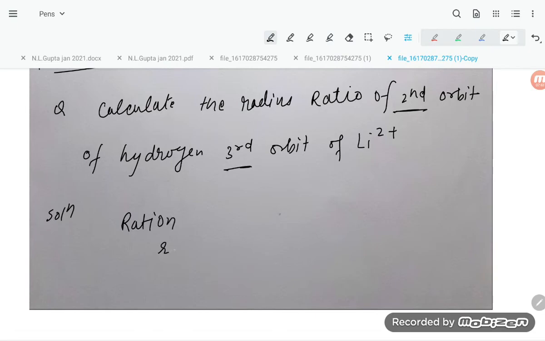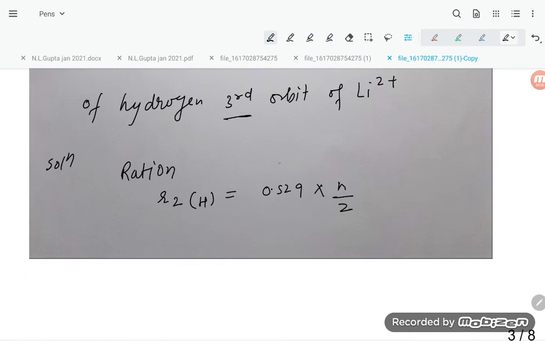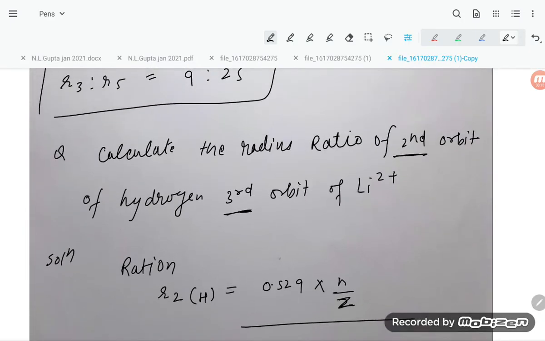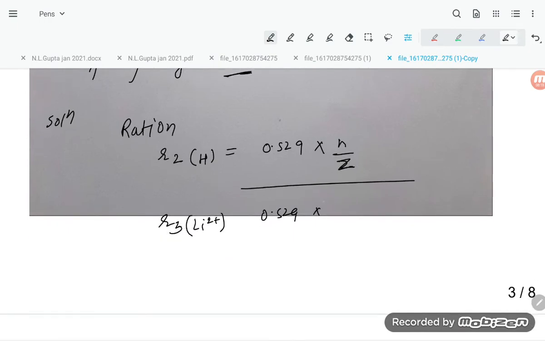So firstly let us write the formula. r2 of hydrogen is equal to 0.529 into n square upon Z, and r3 of Li2 plus is equal to 0.529 into n square upon Z.